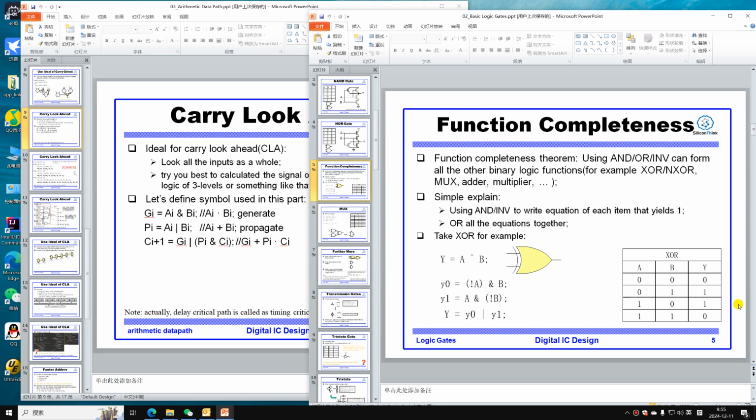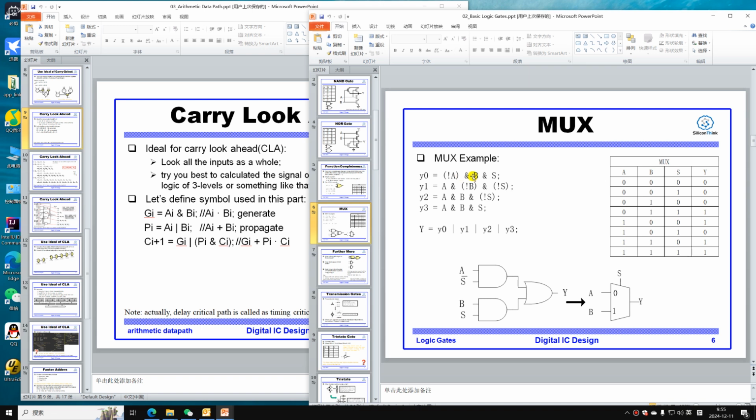And if you have more inputs, the AND will be an AND gate of 3 inputs or 4 inputs or 6 inputs or 100 inputs, but they are all AND functions. Then you can add them up to get the final value. So this is a 3-level logic. The first 2 are the inverter and AND. The last is the OR.